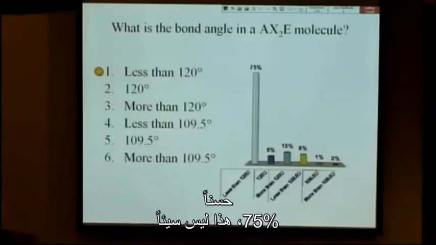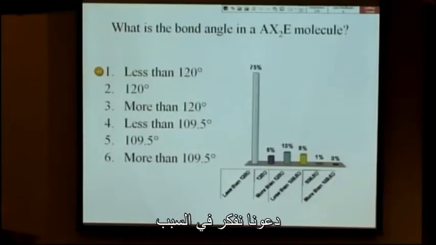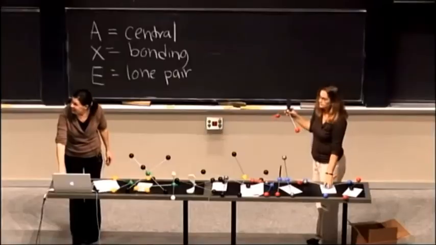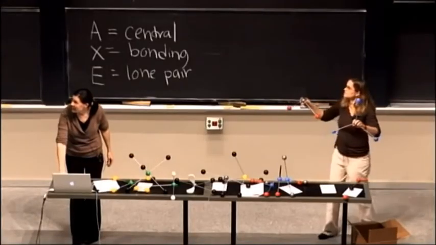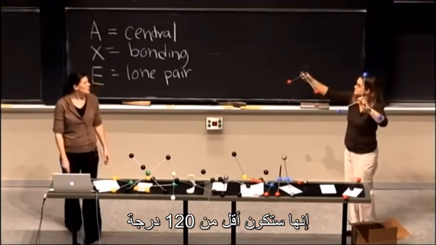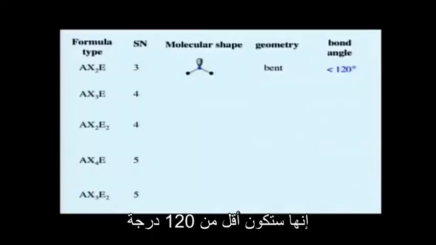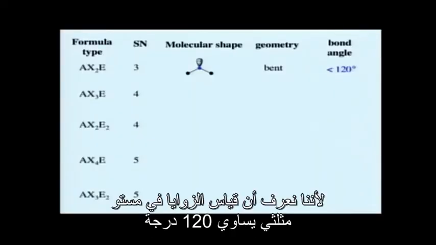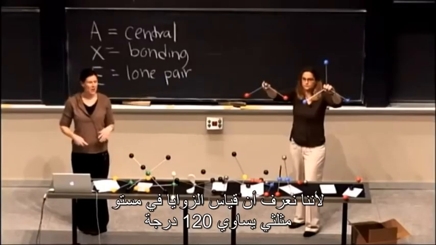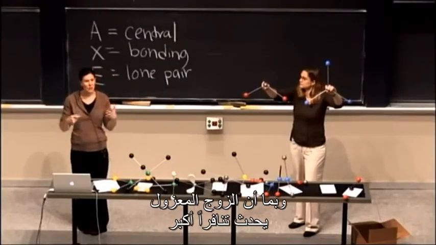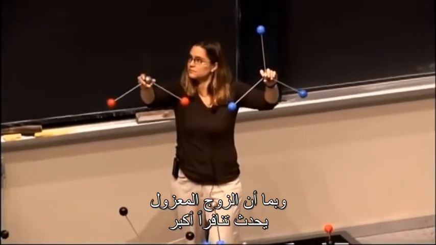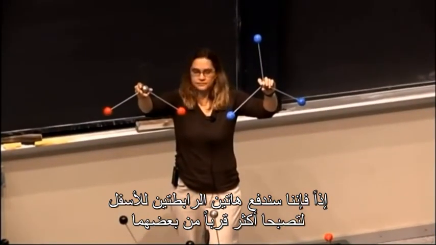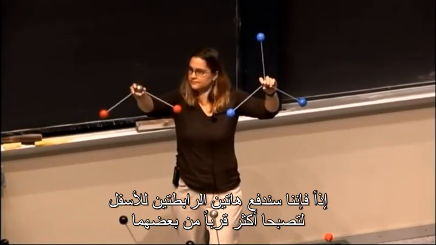Okay, good, 75%. That's not bad. Let's think about why. It's going to be less than 120 degrees because we know that normally in a trigonal planar situation, we have an angle of 120 degrees. And since lone pairs are going to cause more repulsion, we're actually pushing these two bonds here closer together.